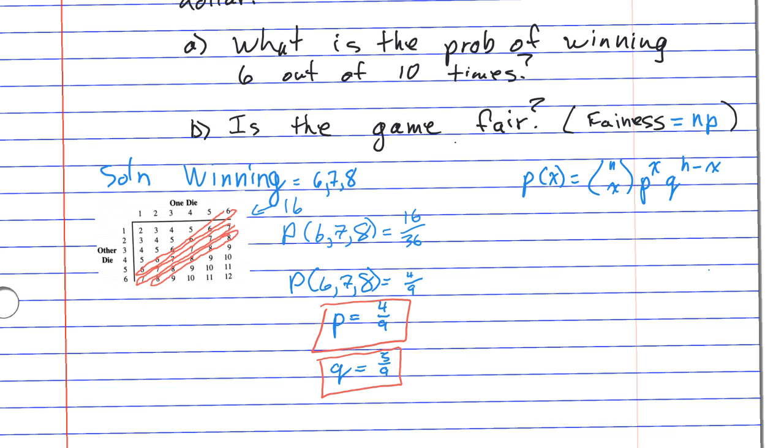So now we know from before that the total number of rolls that we have is 10. But our X value, our winning, remember our X value is the number of wins, is going to be 6. All right, so let's calculate that. So P of 6 is equal to 10 choose 6.